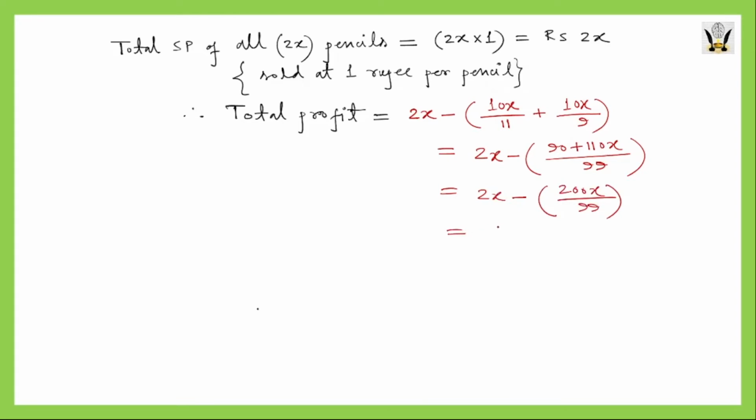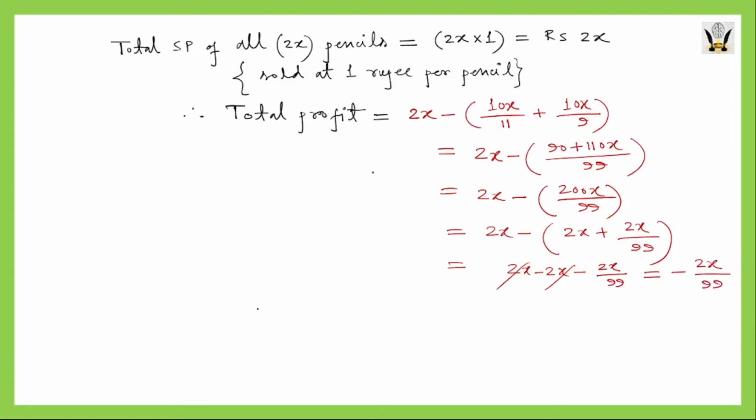Now 200x divided by 99 can be further written as 2x plus 2x divided by 99, because 99 multiplied by 2 is 198, and 198 plus 2 is 200x. Now if we simplify further, it will be 2x minus 2x and then minus 2x divided by 99. The 2x will cancel each other, so what remains is minus 2x divided by 99.